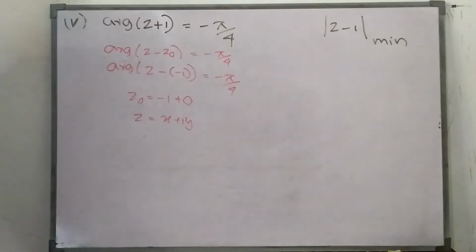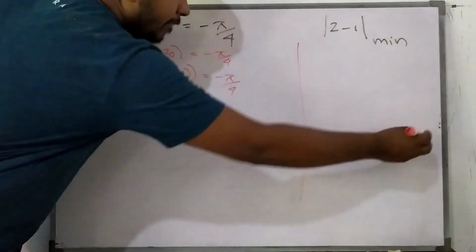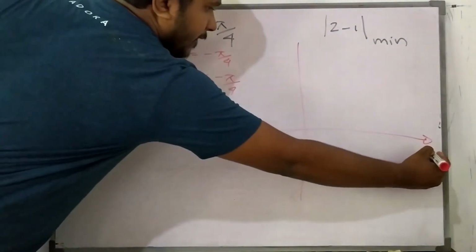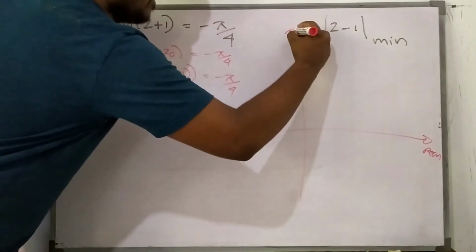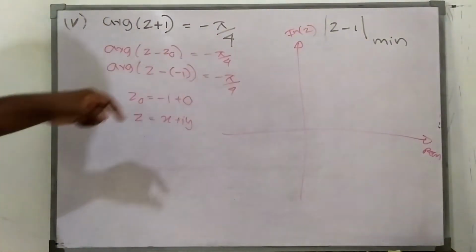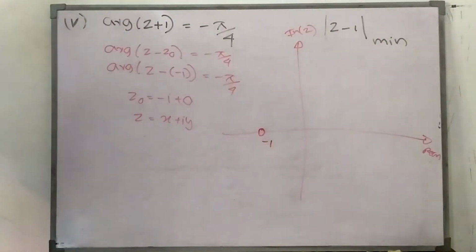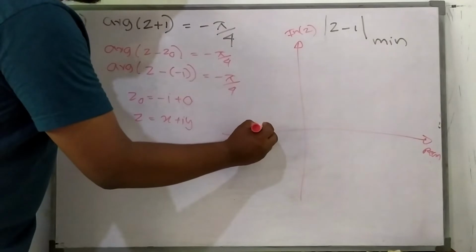So here on the real and imaginary axes, it's minus 1.